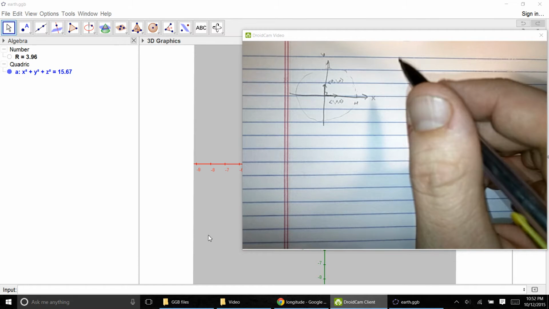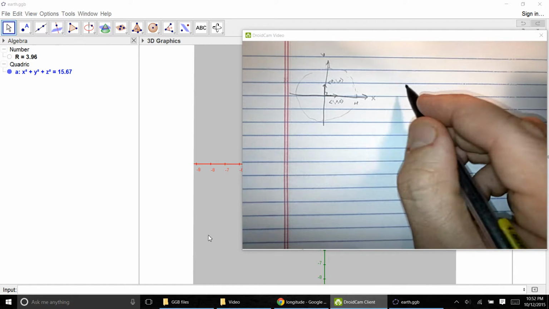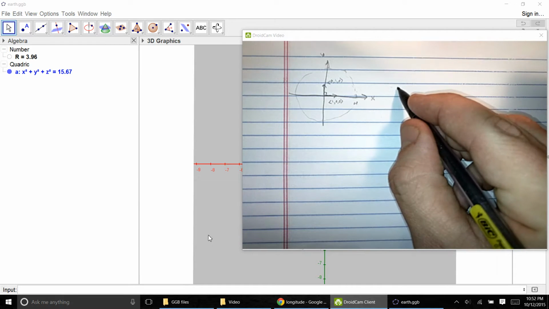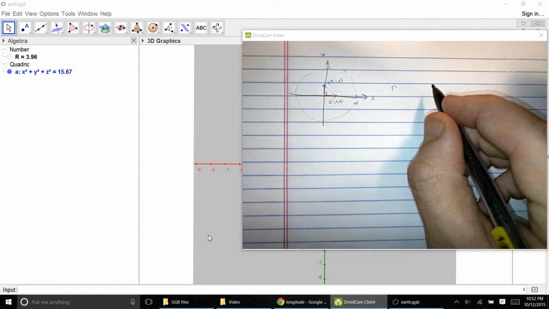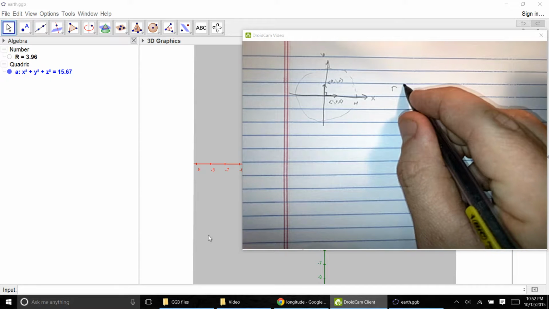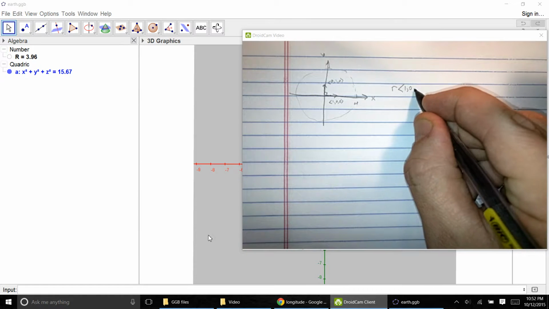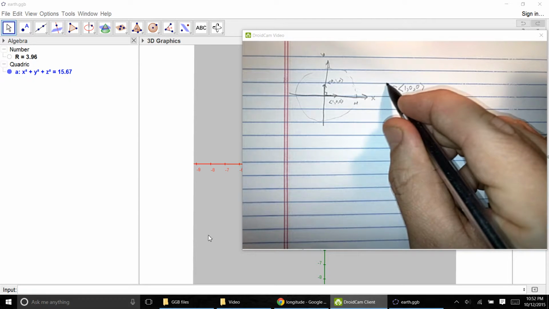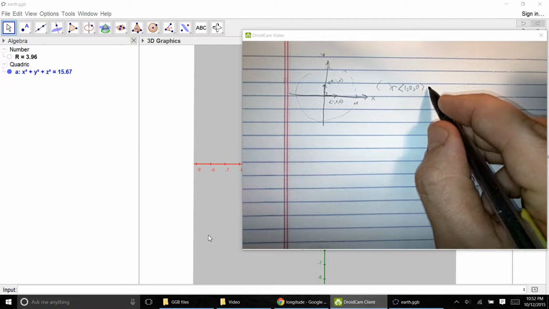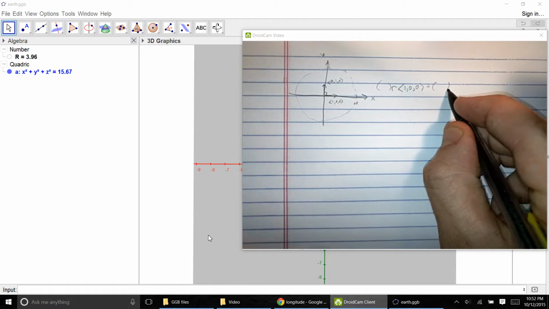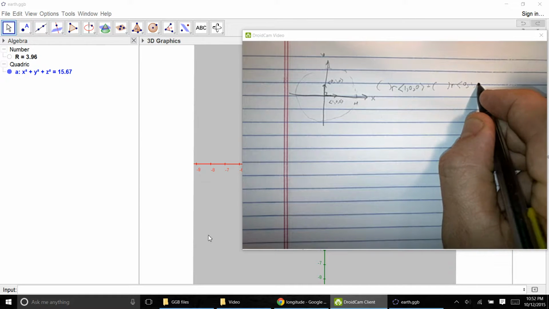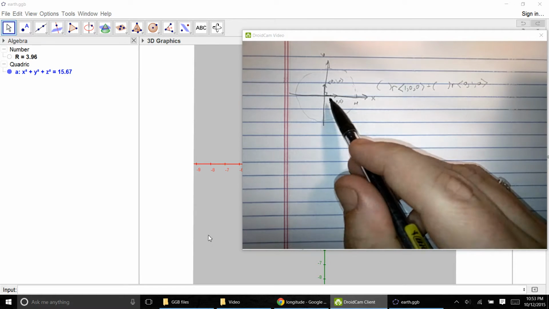That makes sense, right? So we need to scale this thing here by r, and then multiply it by something, and then take a multiple of the other one, and we want it to land on here.